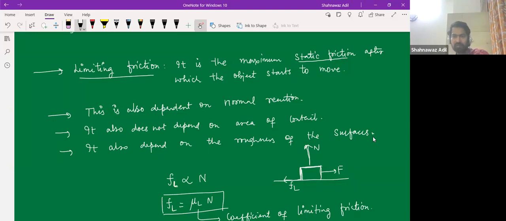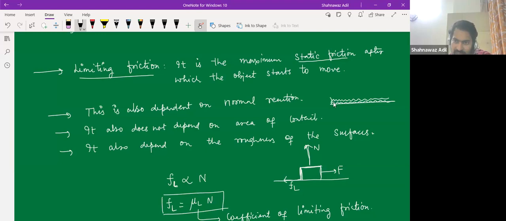So we have this object, let's say, microscopically, very small, when we have a magnifying glass. From the magnifying glass, we see that both the objects will have these kinds of surfaces.